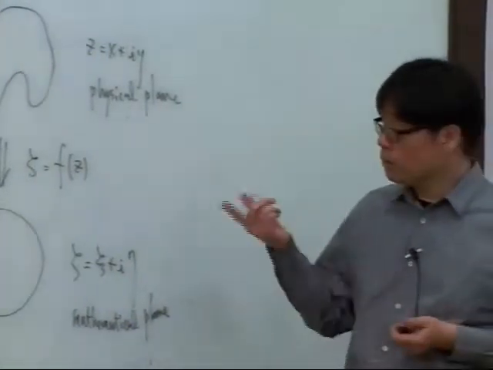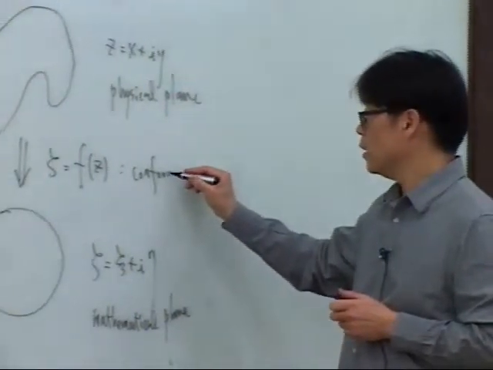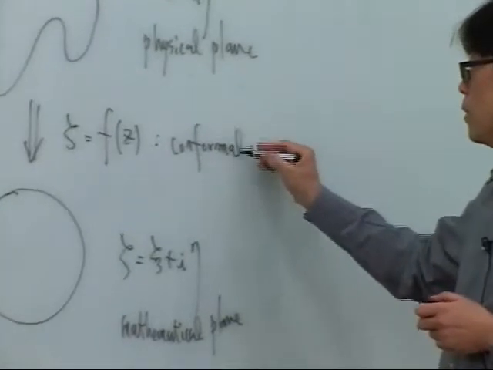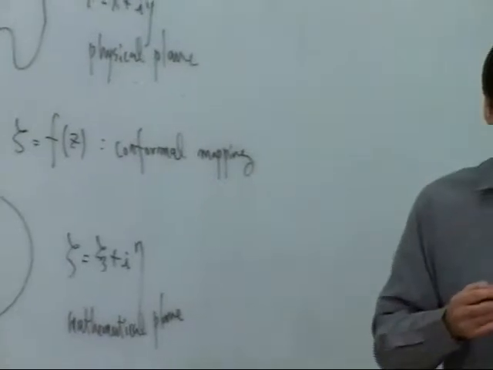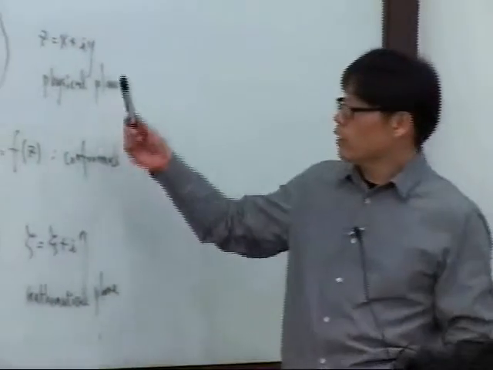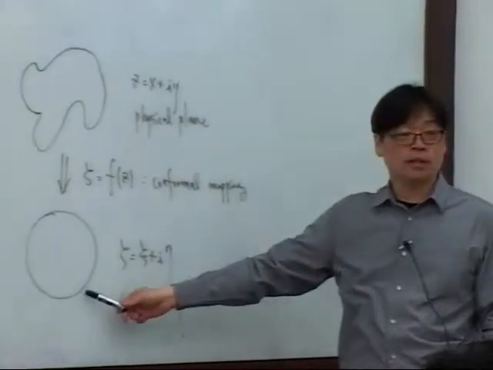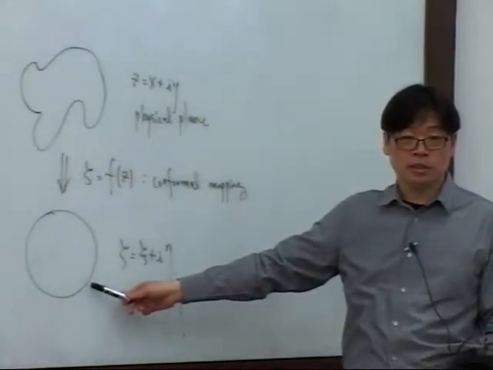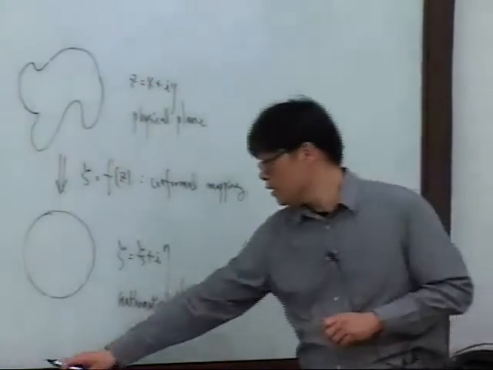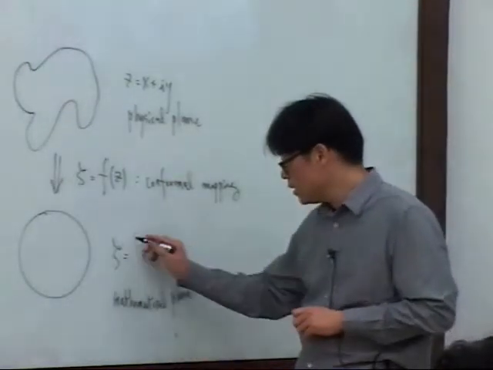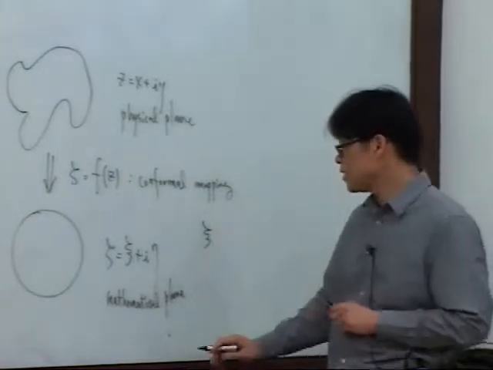So using some conformal, so this is conformal mapping, basically, you have some transformation function, then you can map this complex geometry to a very simple geometry like a circle in the zeta plane. This is xi, or psi.